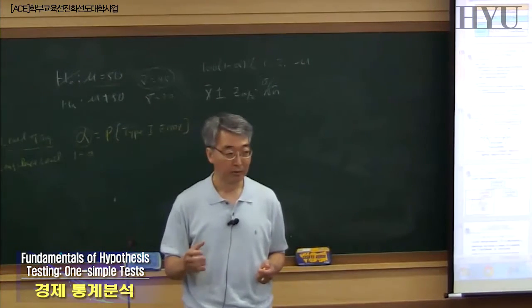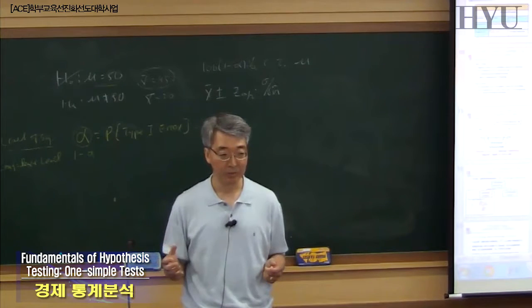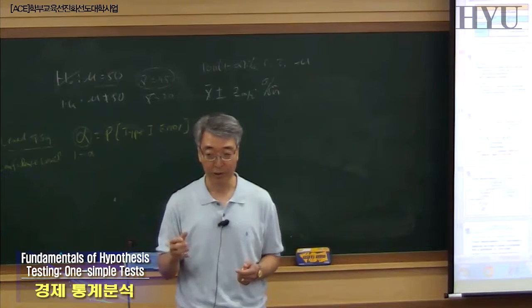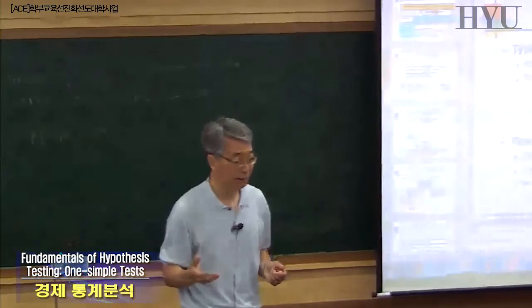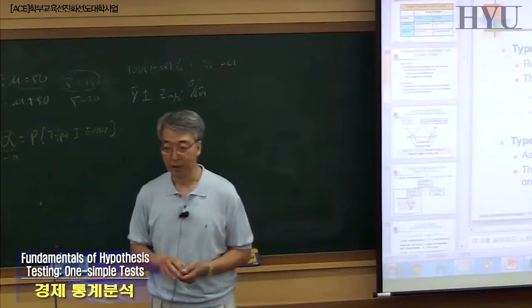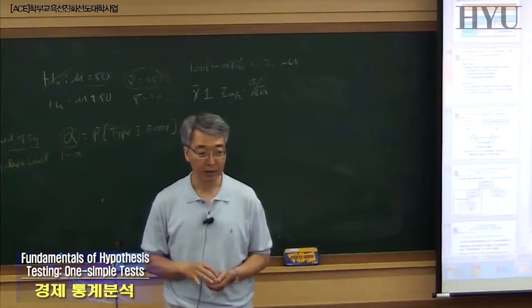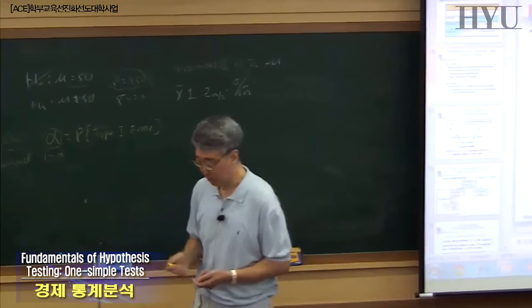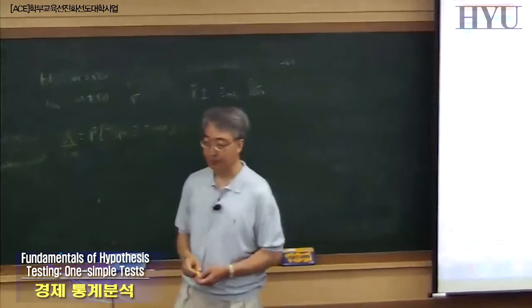If you have, say, 1,000 people or 1 million people in your population, and collect all their ages and calculate the mean, there is absolutely no error. You can be 100% confident. But as long as you use a sample, there is no way you can be 100% confident. So that's why we set up this level, alpha.